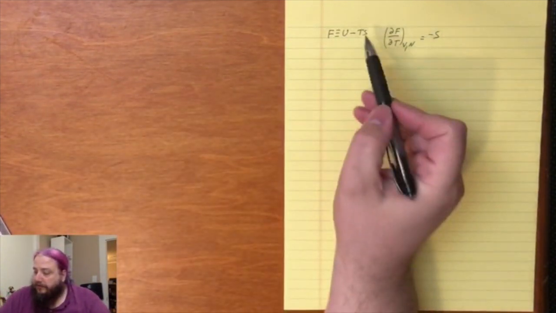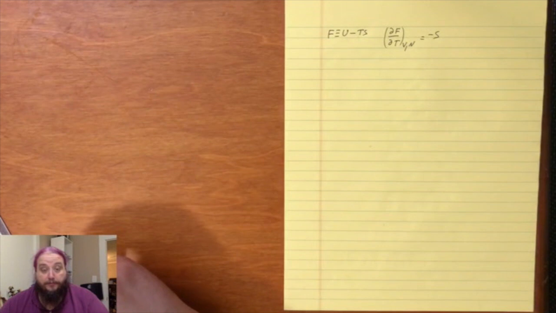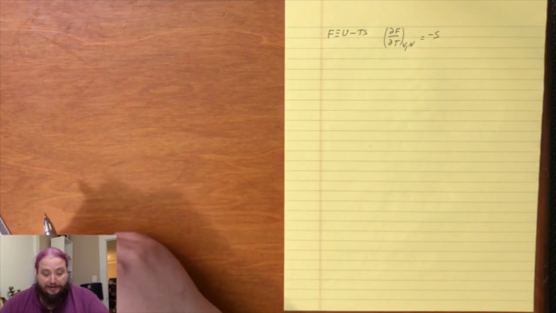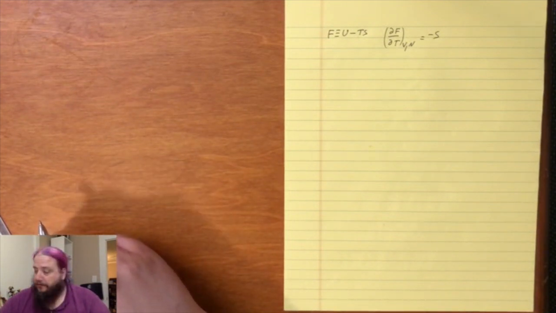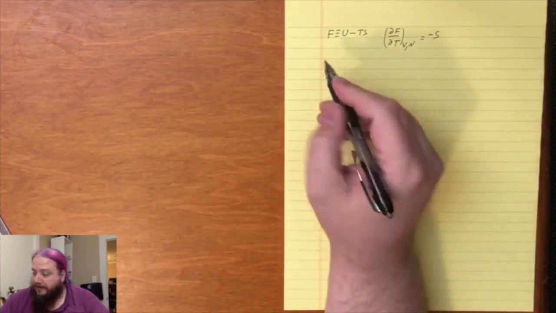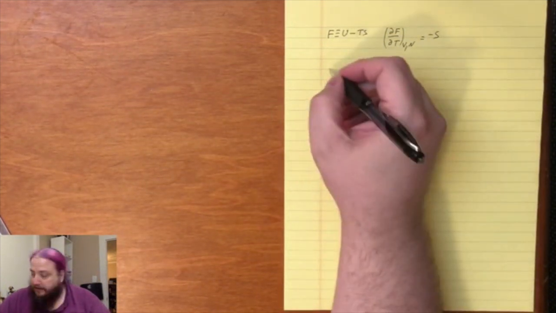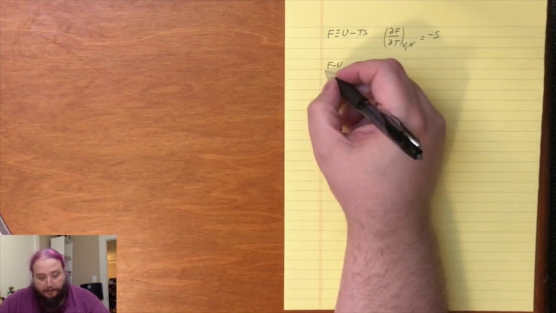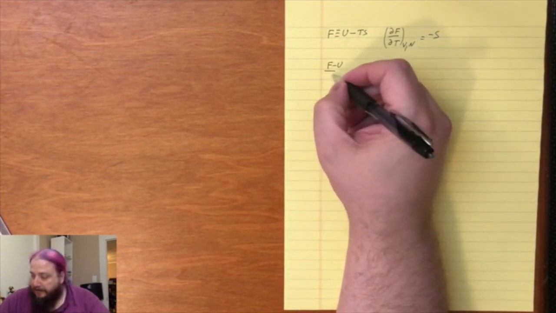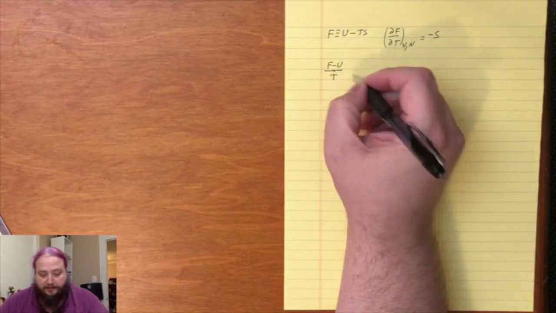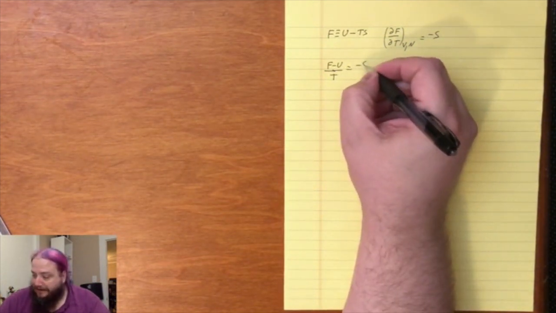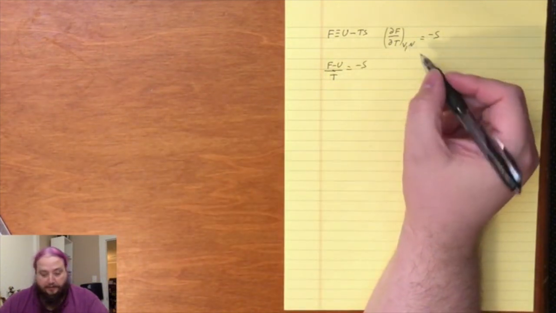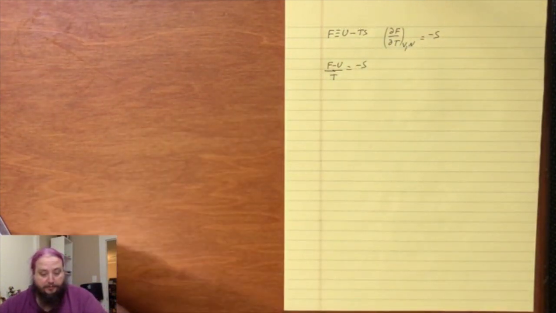If we solve this equation over here for this minus entropy term, so if we solve this for minus S, what we get is that F minus the internal energy U, divided by the temperature, is minus S, which we also said is dF/dT, the partial derivative of free energy with respect to temperature.